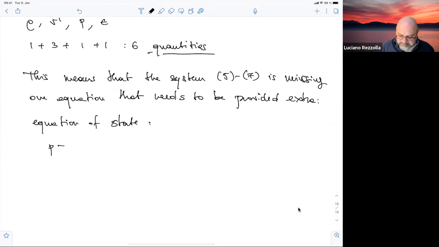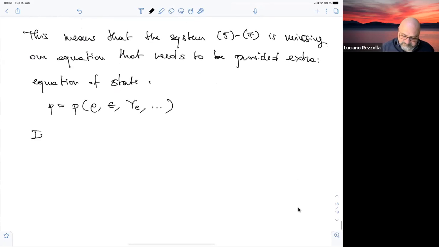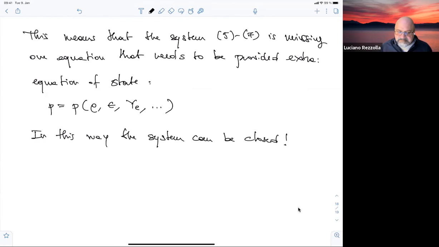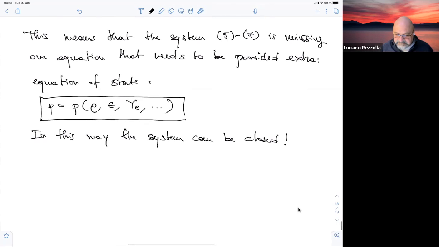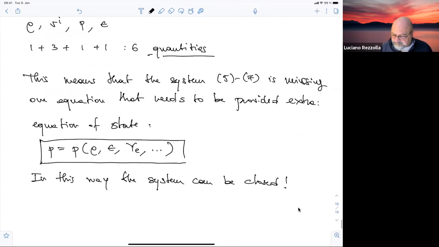That is a relation that allows me to write an expression of the pressure in terms of the density or of the specific internal energy or of the composition or whatever. It can be a simple or a very complicated expression, but it is an expression that allows me to close the system. In this way, the system can be closed. And specifying this equation, which is as important as all the rest, deserves a number 8.